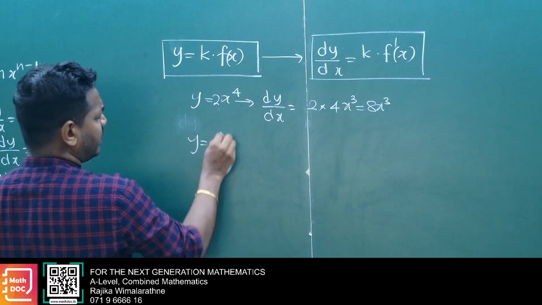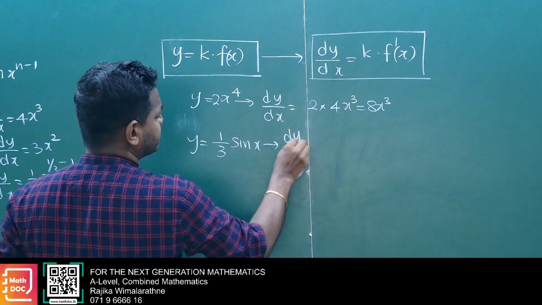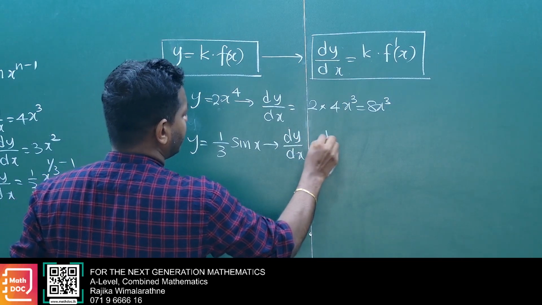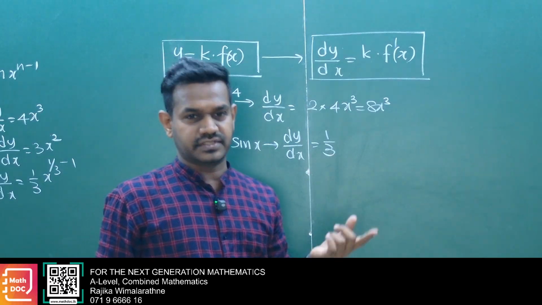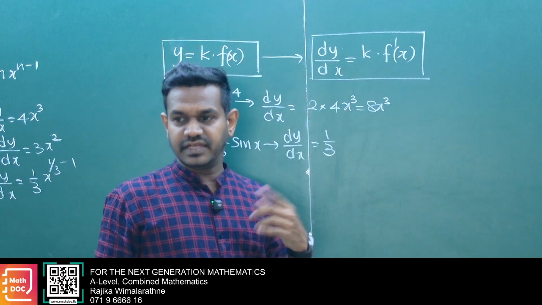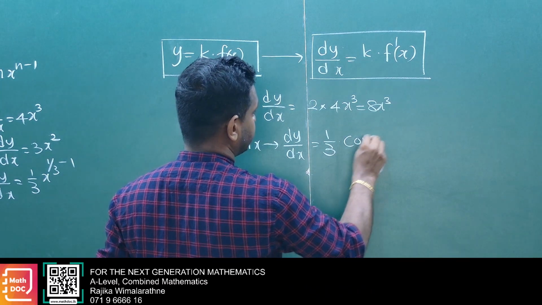Then y equals 1/3 sin x, dy by dx: here 1/3, then go to that table, sin x derivative is cos x. Then write here cos x.